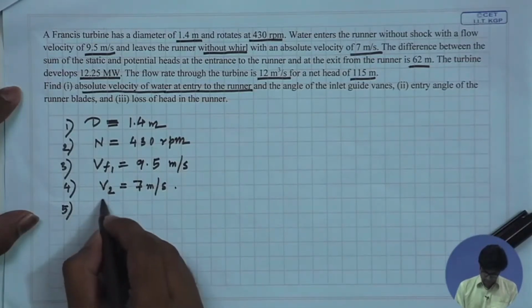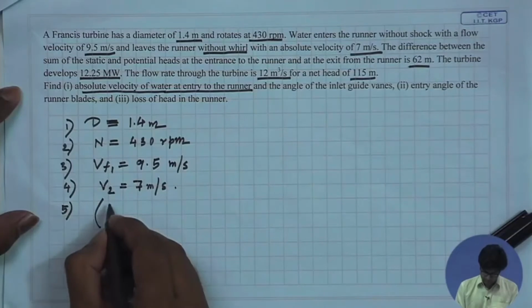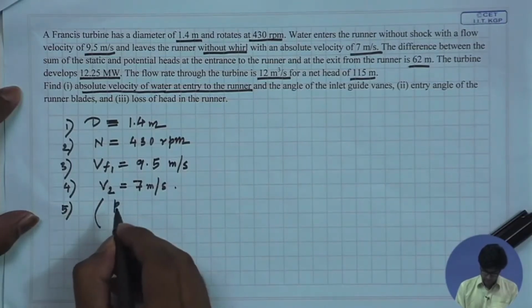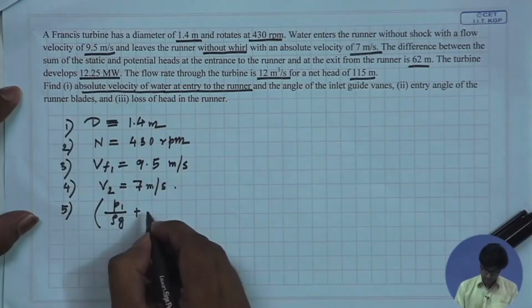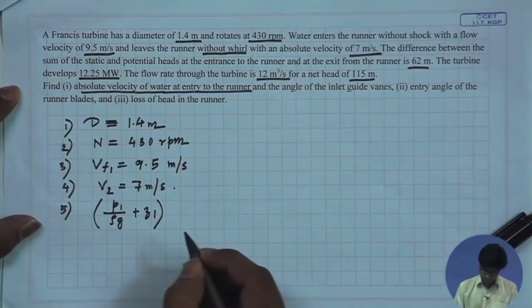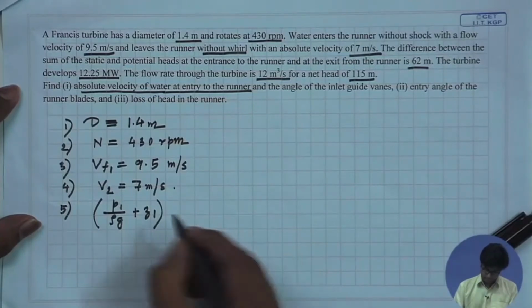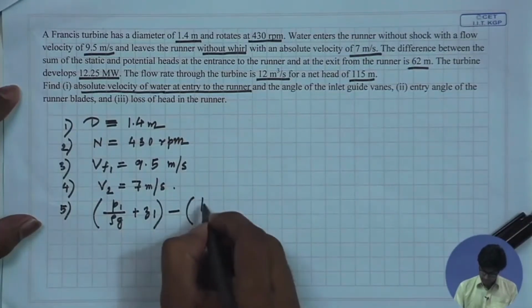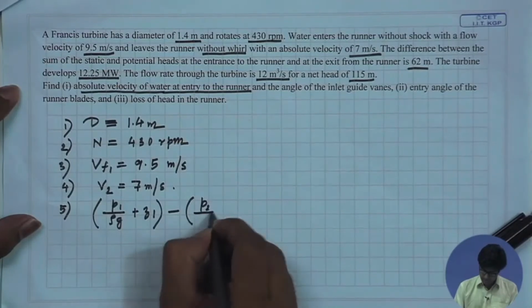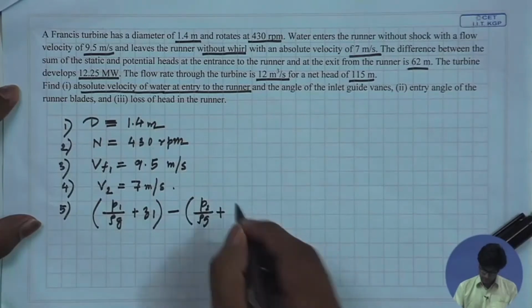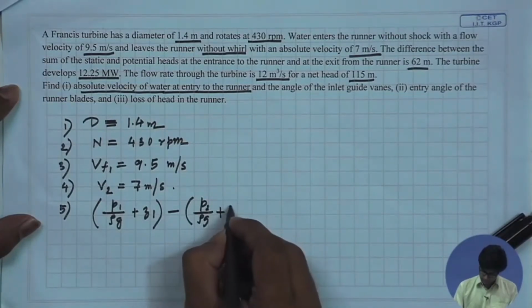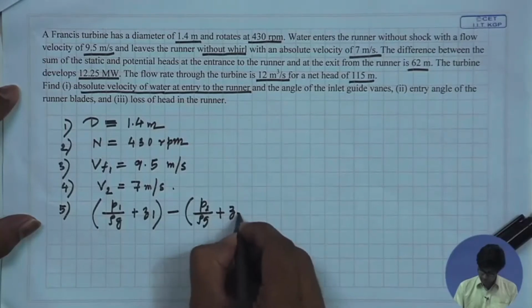That is, the sum of the static and the potential head at the inlet to the runner is P1 by rho g plus Z1, the elevation at the inlet to the runner, minus the static head at the outlet to the runner, P2 by rho g plus the potential head at the exit of the runner, Z2.